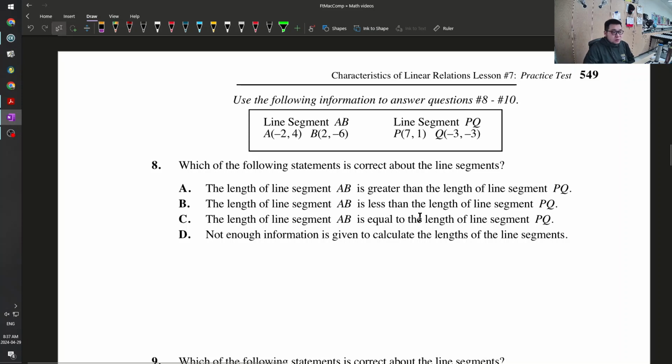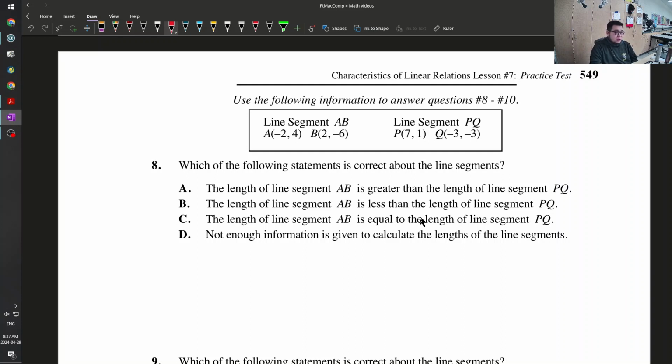Use the following information to answer questions 8 to 10. Which of the following is correct about the line segments? The length of the line segment AB is greater than the length of the segment PQ. Okay, so we have to find the length of the segments.